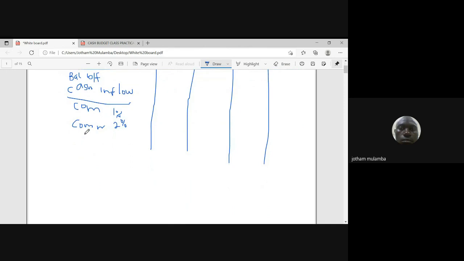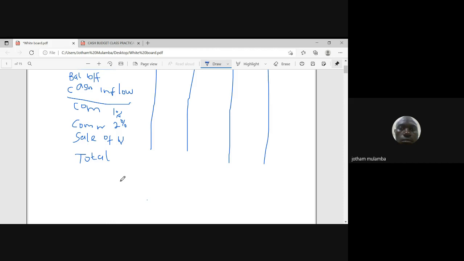So we only had cash inflow in those three instances. And then we'll have total.